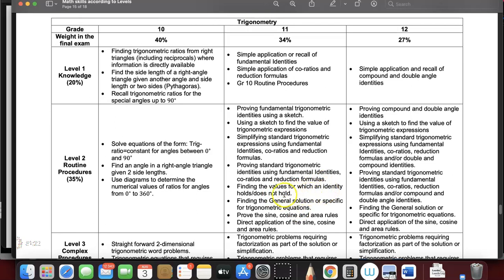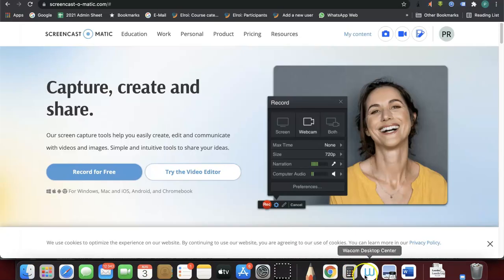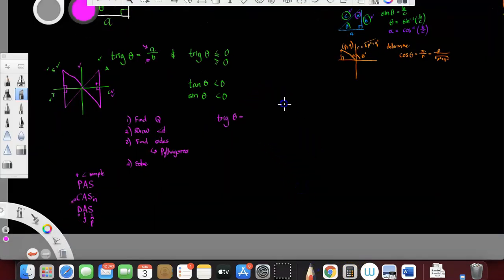Finding the value for which an identity holds or does not hold. Here it simply comes down to this: an identity will almost always be some expression over another expression, and this will then be equal to another expression over another expression.